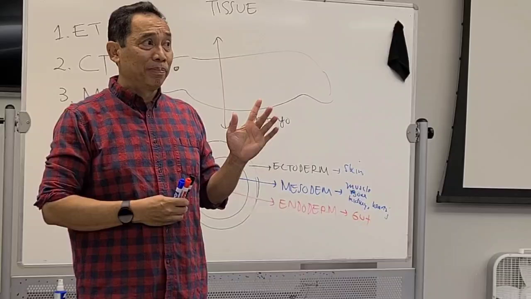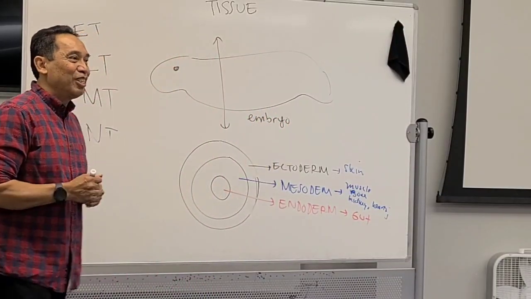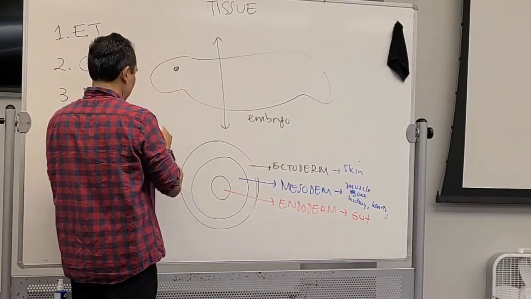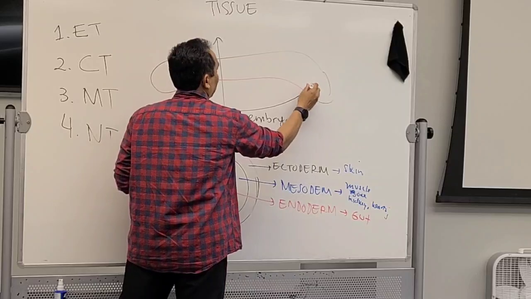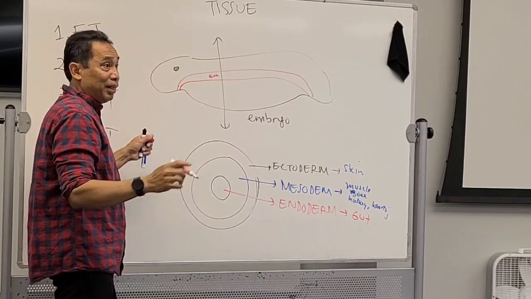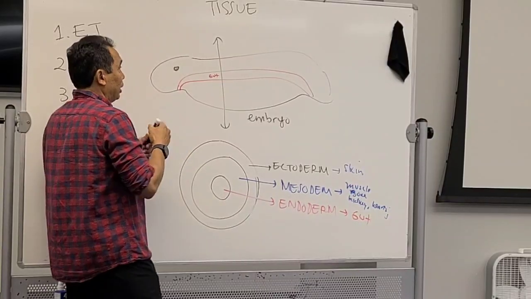Are you with me? Now, how about brain and spinal cord? Where are the brain and spinal cord located? So if this is the mouth, then this is mostly your gut, right? Where is your brain and spinal cord located? It's here.